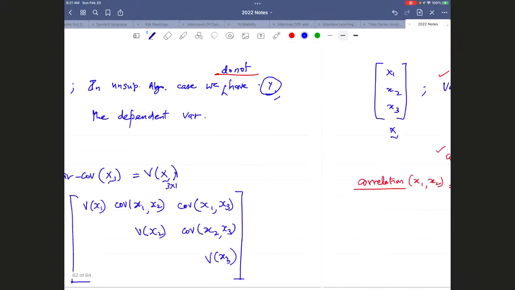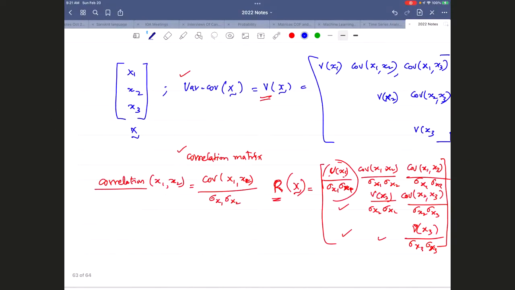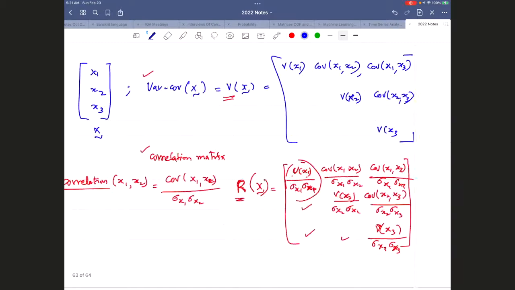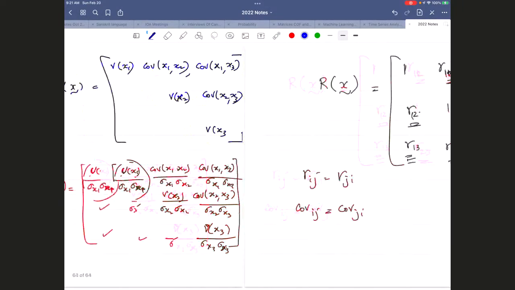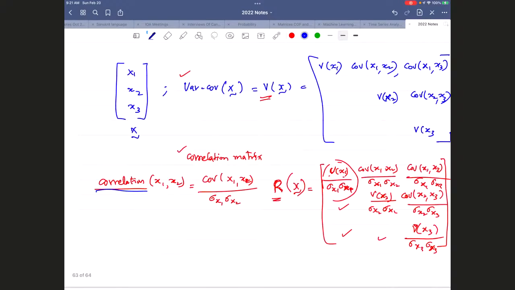I'm coming back to what is meant by a correlation matrix. You take the variance-covariance matrix and divide the rows and columns by the corresponding standard deviation. The first column is divided by sigma x1. Sigma x1 refers to the standard deviation of x1, right?